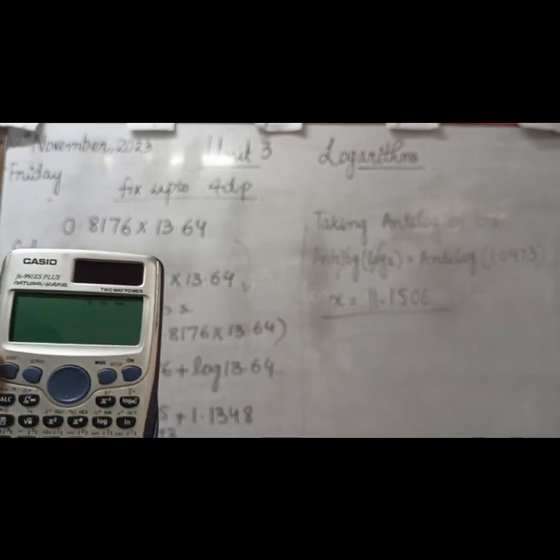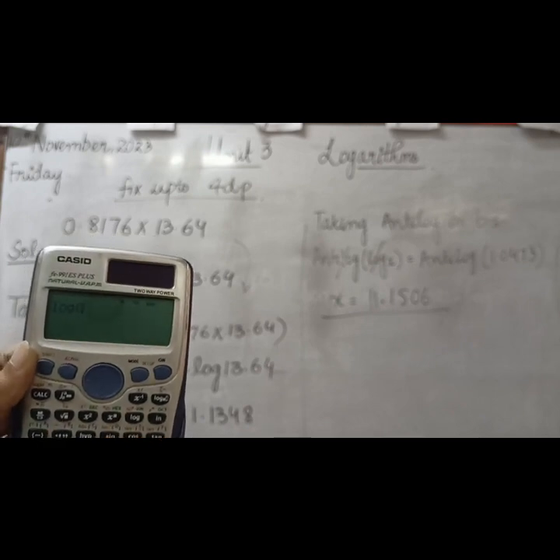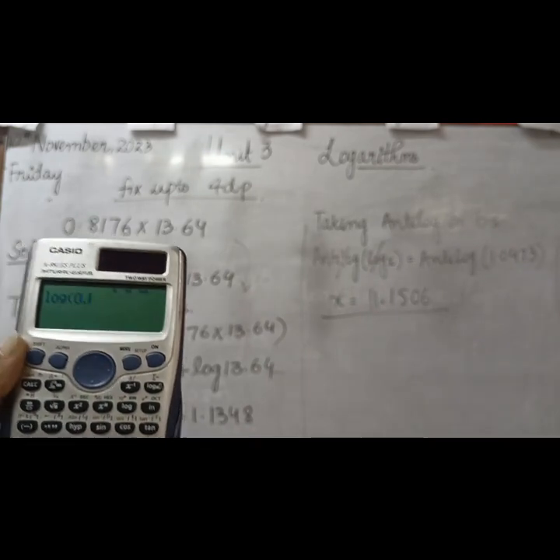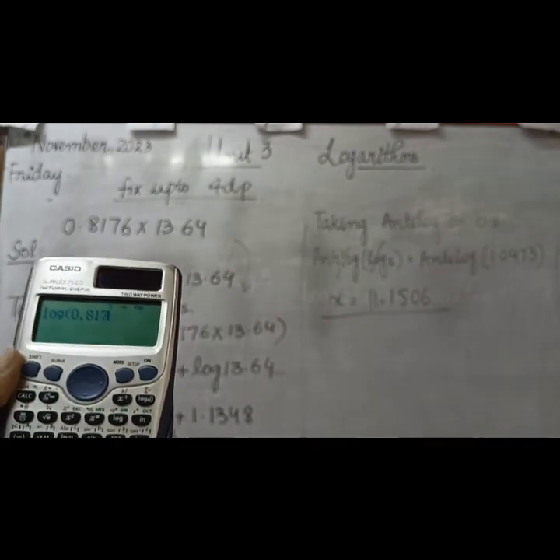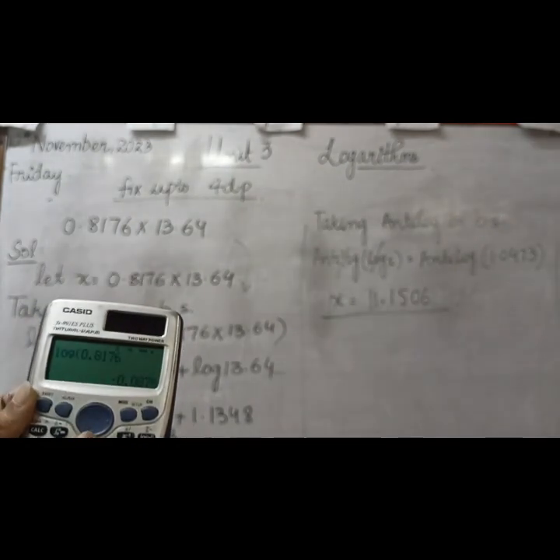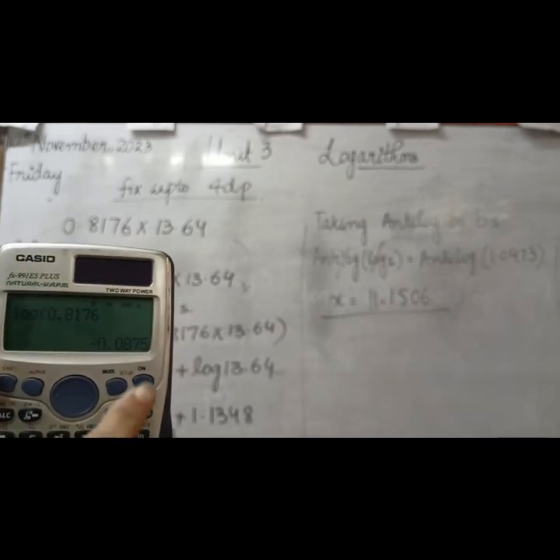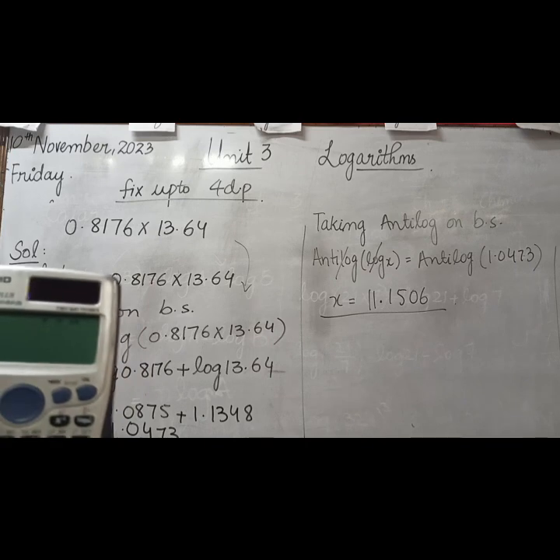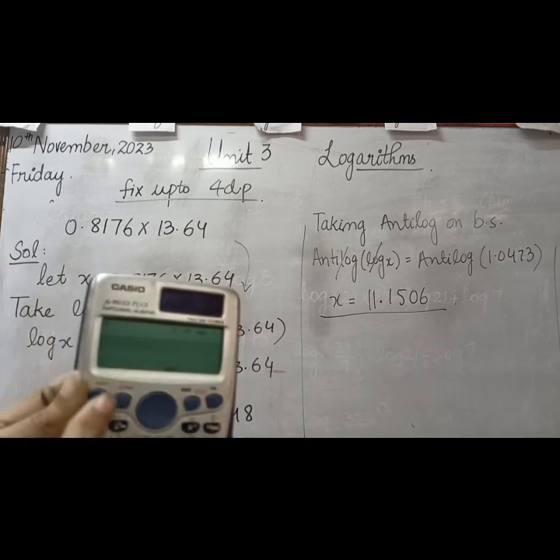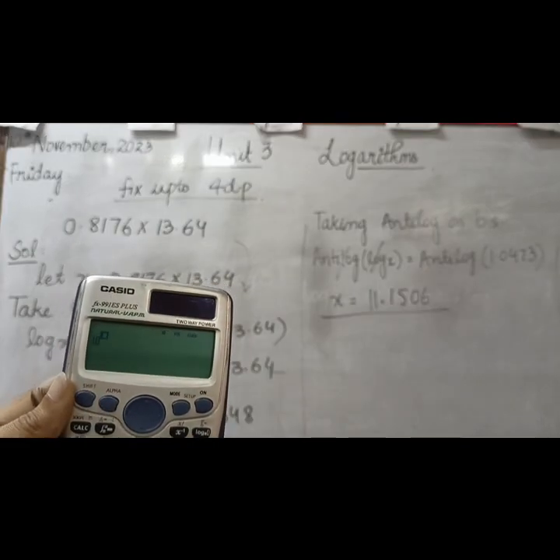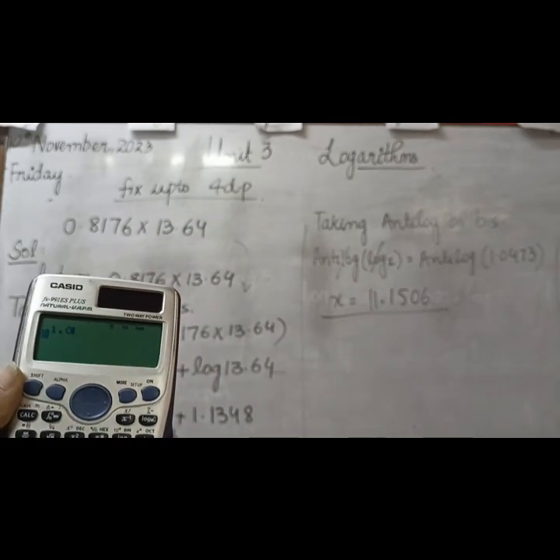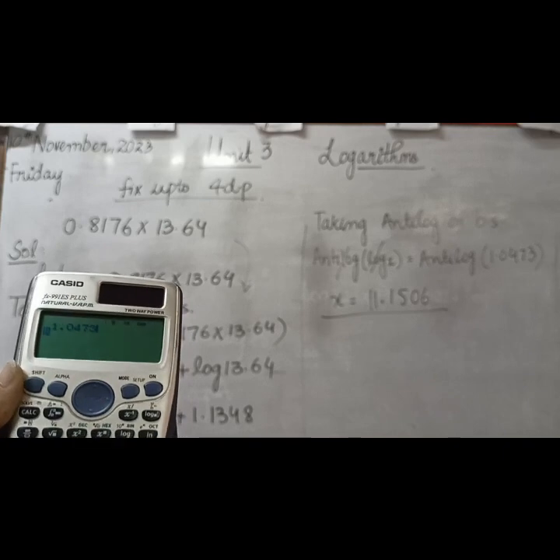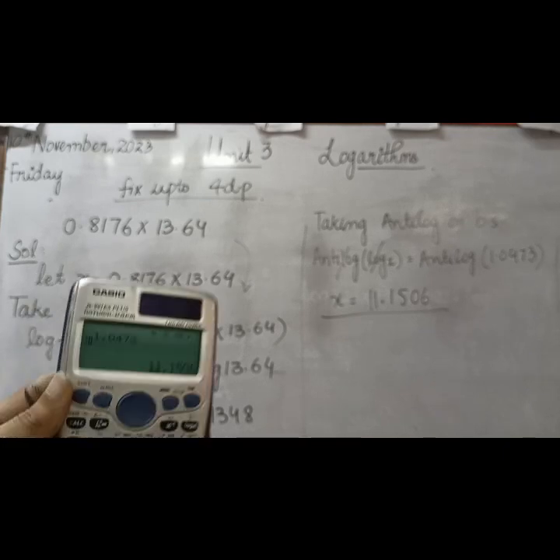To find out the log, you have to press log, the number which is 0.8176, and you will get your answer minus 0.0875. Okay, and to find out the anti-log, you have to press shift, then log and then press the whole number which is 1.0473.